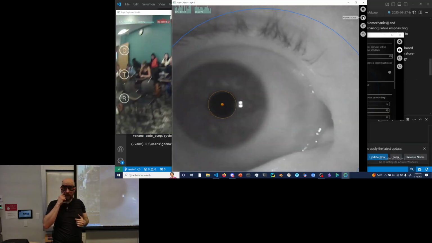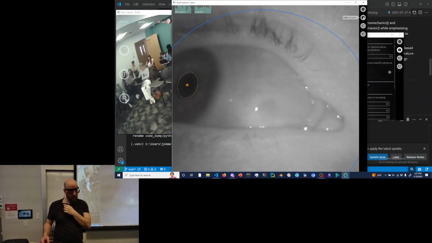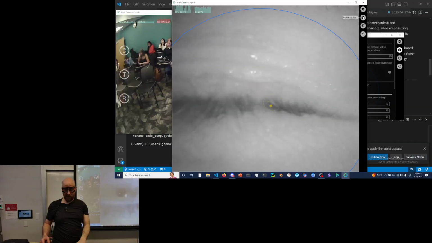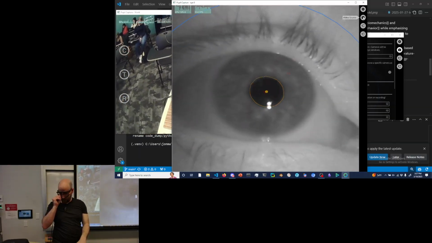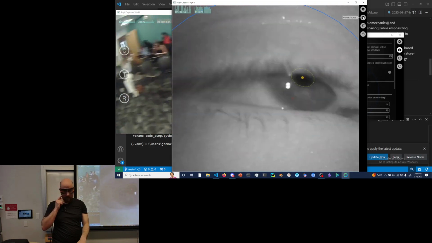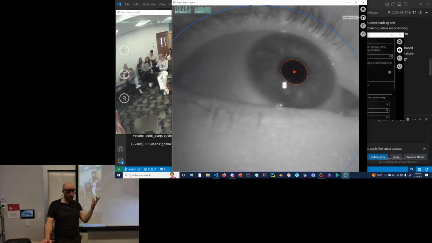I'm gonna brush my eye. The white part is the sclera, and the part of my eye which is normally blue, but is gray here, is the iris, and then the black spot is my pupil.